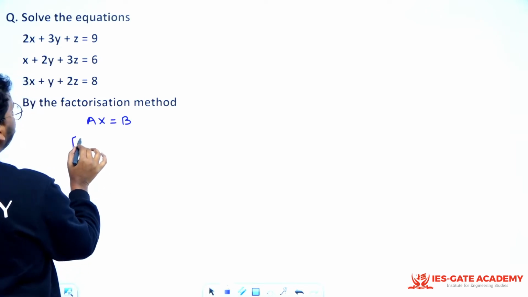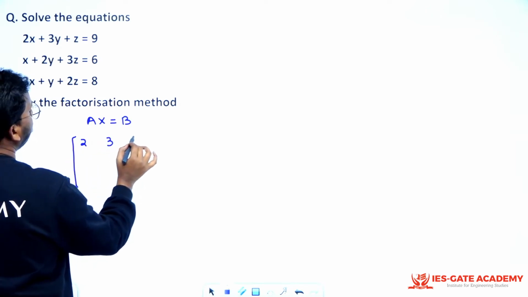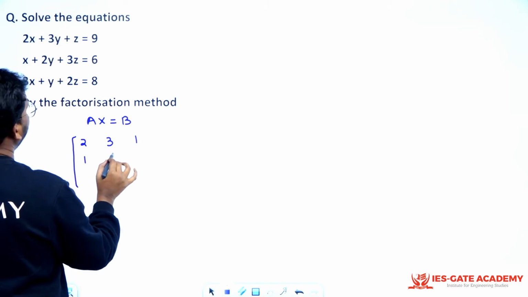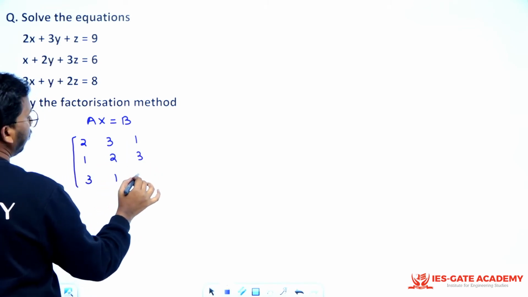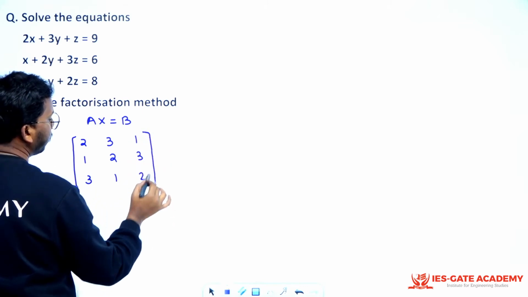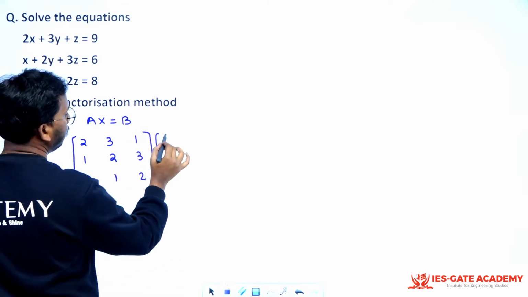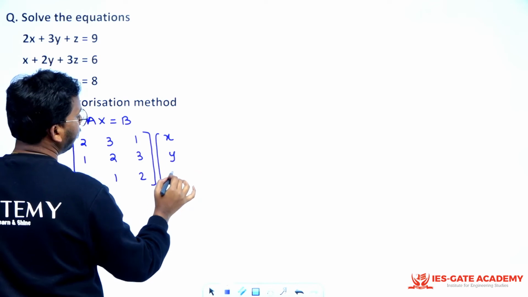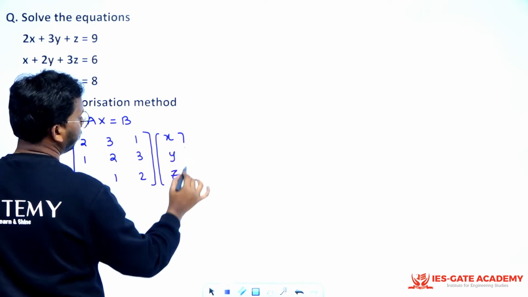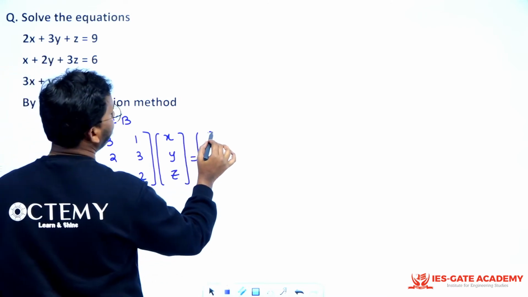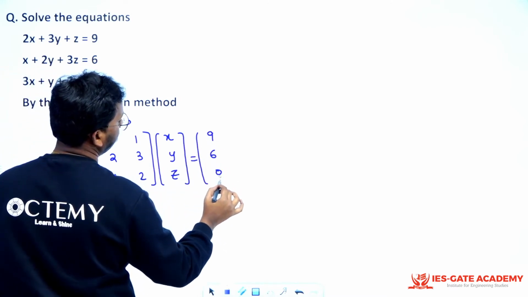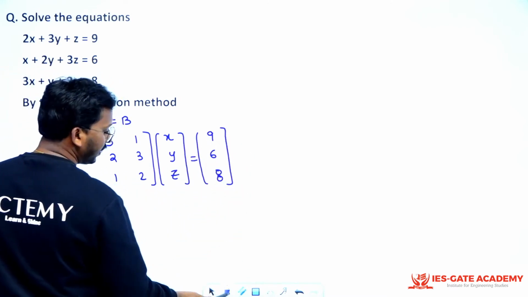That will become 2 3 1, 1 2 3, 3 1 2. This is your A matrix, and this is X Y Z, equal to the B matrix, which is 9 6 8.